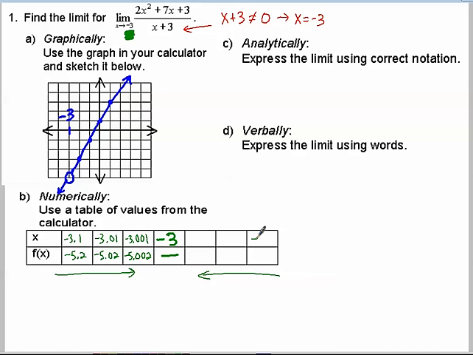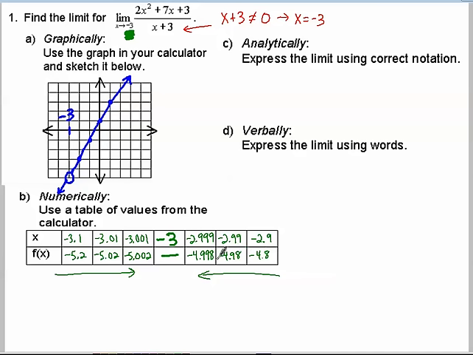Coming from the right, I chose values slightly bigger than negative 3, starting with negative 2.9, but getting even closer, negative 2.99, and then really, really close, negative 2.999. Here's what I got: negative 4.8, negative 4.98, negative 4.998. Coming from the left, it looks like the y values are getting closer to negative 5.